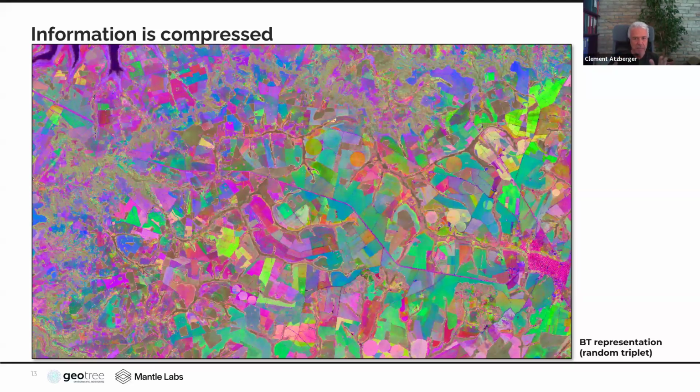Forests have less variability between them compared to crop types. But each color that you see here would represent a different crop type or a different phenological development of this crop. And if you would think about a forest pixel, you would see differences in species, differences in stocking index, differences in density, height, etc. Okay, so this is the compression.